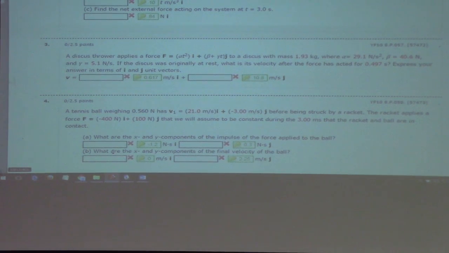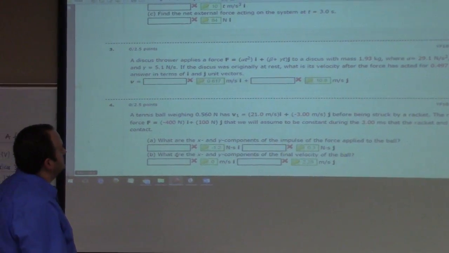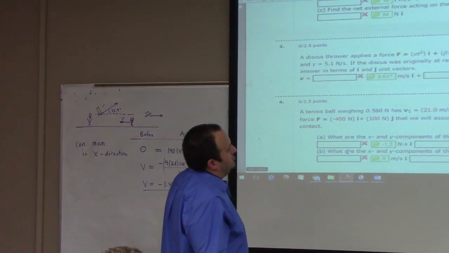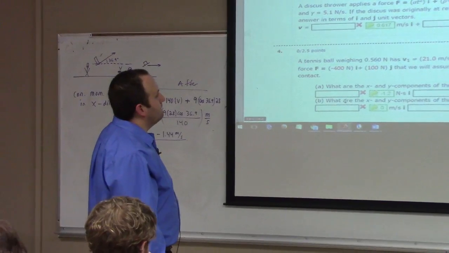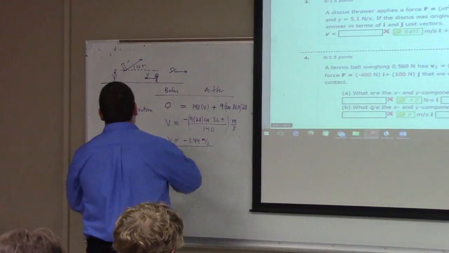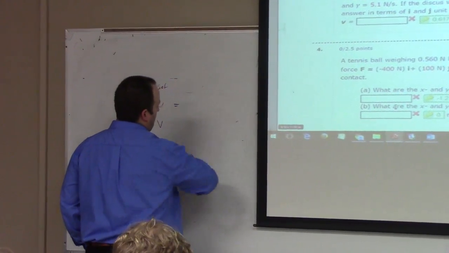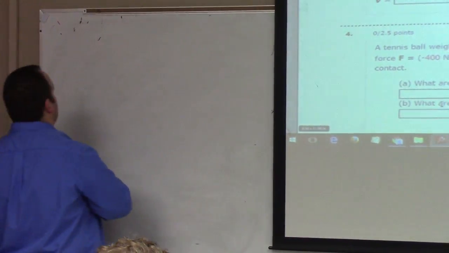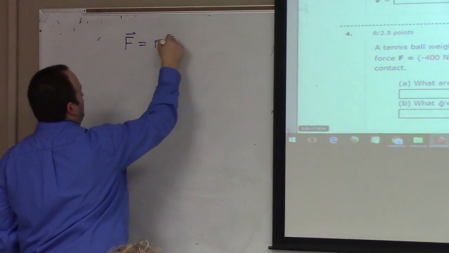So I think this is really just an F equals ma problem, right? So to solve this, what I would do is say F is equal to the mass times dv dt, right?